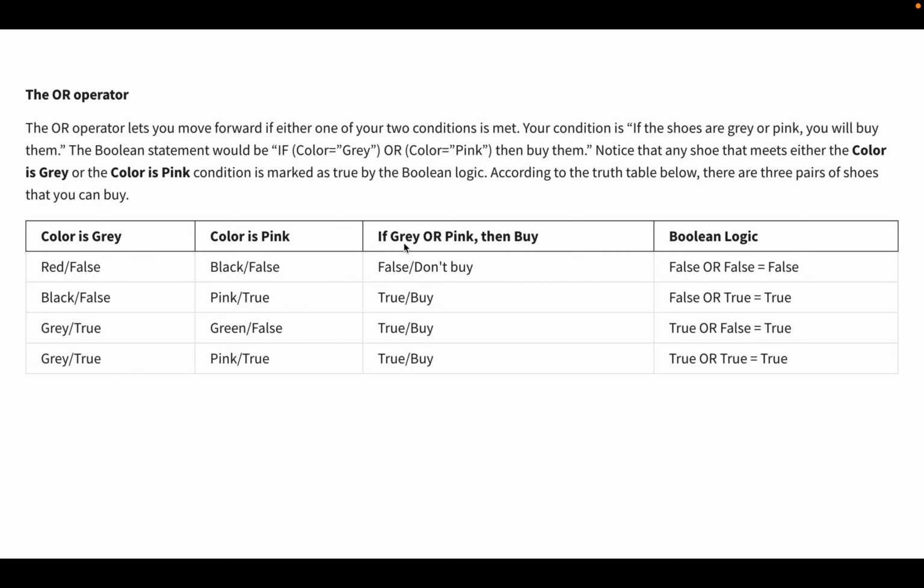So as long as you have one true, then buy it, right? Both false, so false, don't buy it. One true, buy. One true, buy. Both true, buy it. So the logic is, false or false, false; false or true, true; true or false, true; true or true, true.